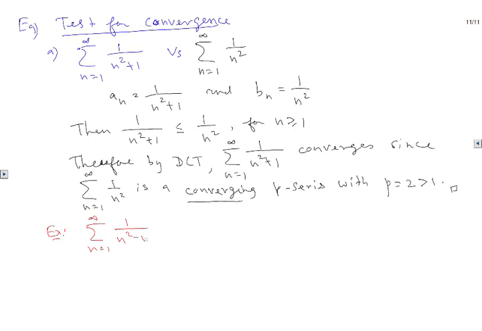When you try to compare with 1 over n squared, it's going to go backward, so this is not true. That means if you try to use the direct comparison test for this, it's not going to work. So we need the other one. Okay, so that's about that.